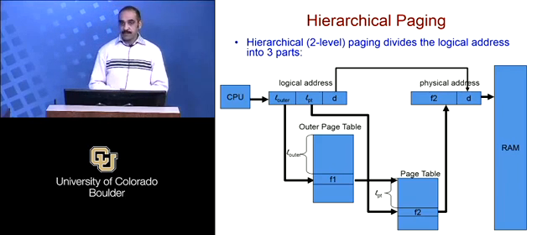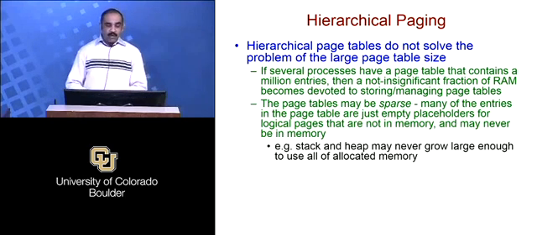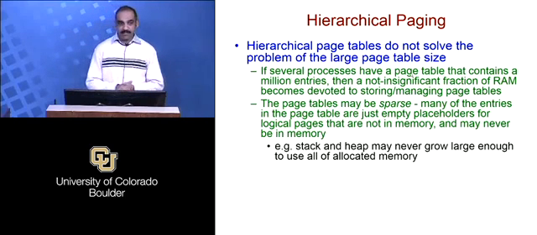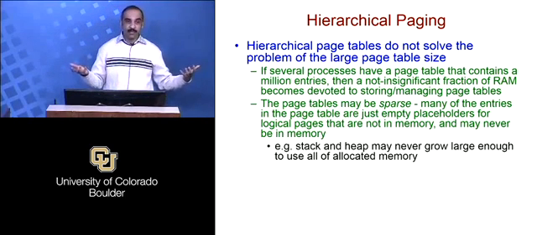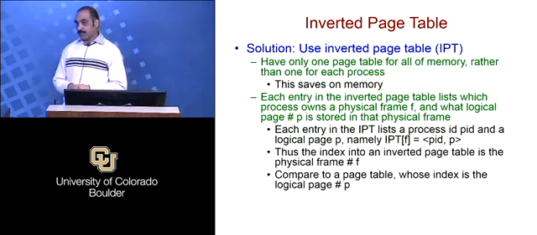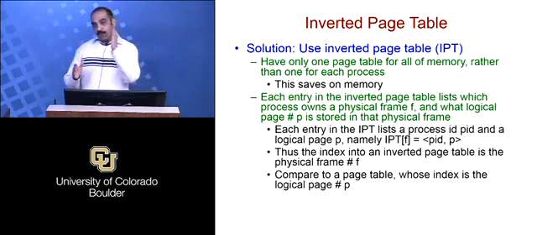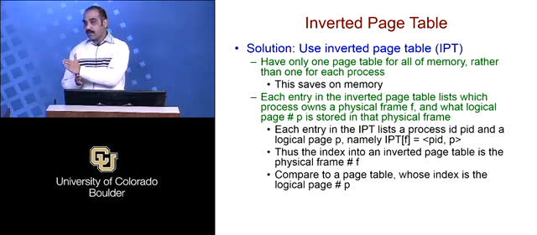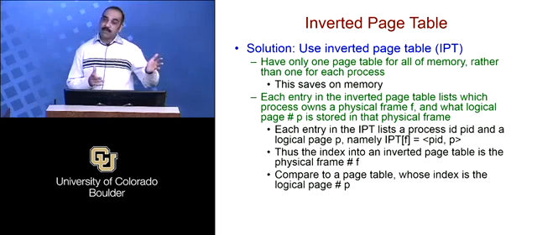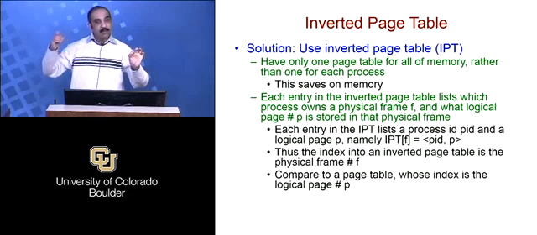Any other question? Now, hierarchical page tables do not solve the problem of large table size, because you still have to store all the page tables. And so this is where the idea of the inverted page table comes in. What an inverted page table does is, instead of storing the mapping from page number to frame number, it stores the mapping from frame number to page number.